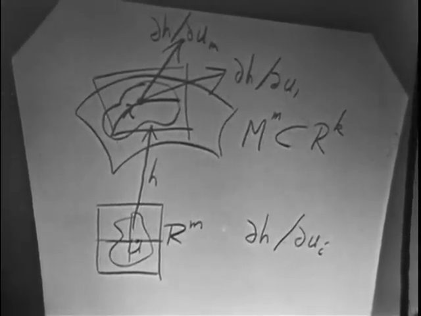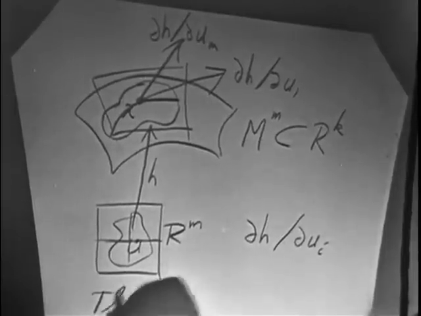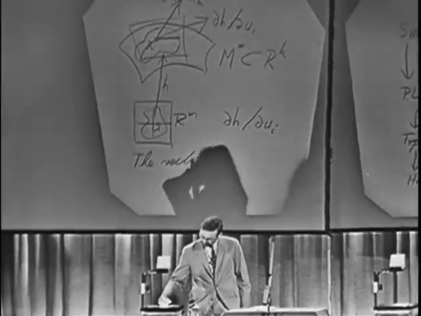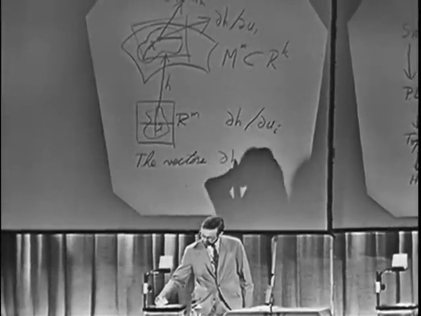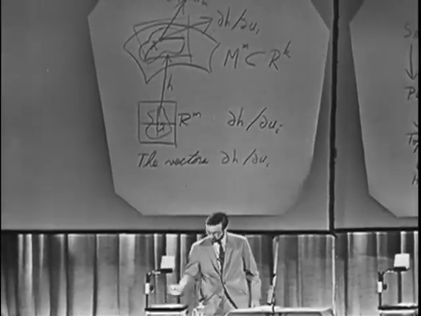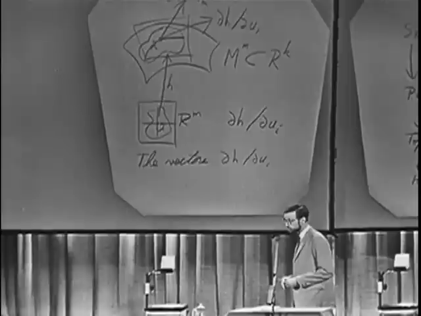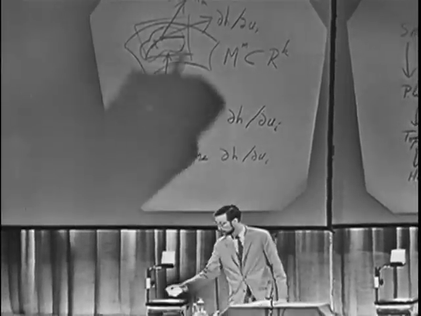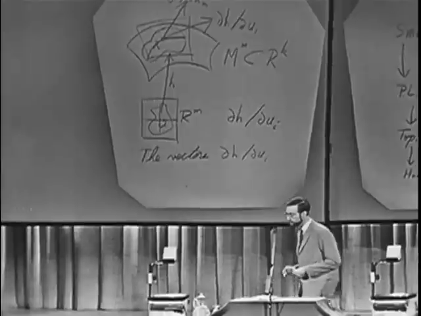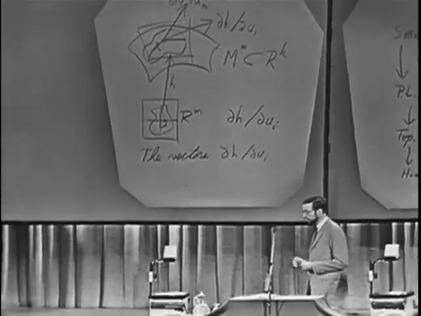And these m vectors span a plane. The condition that this is a manifold guarantees quite easily that these vectors will be linearly independent.